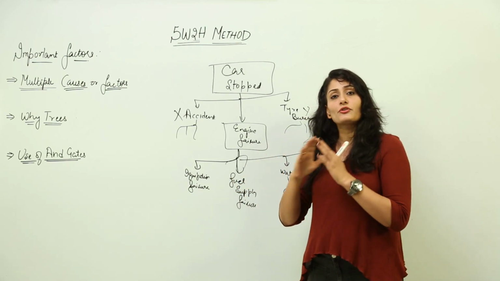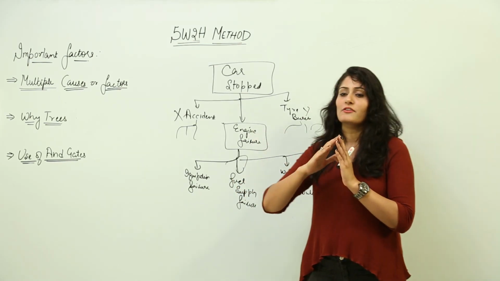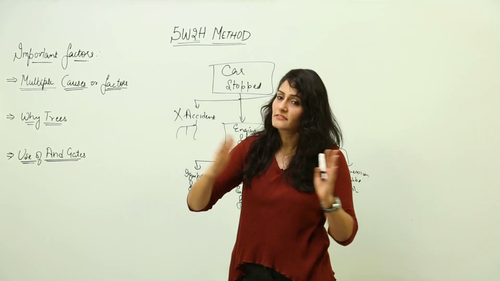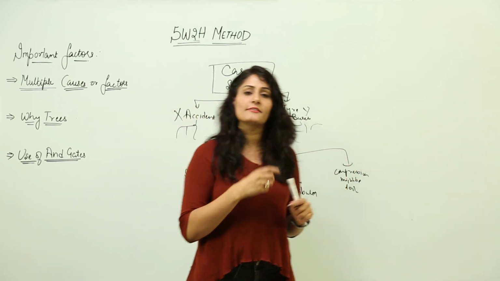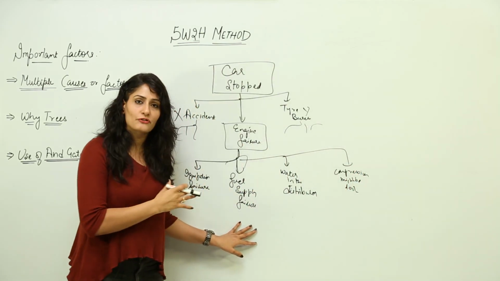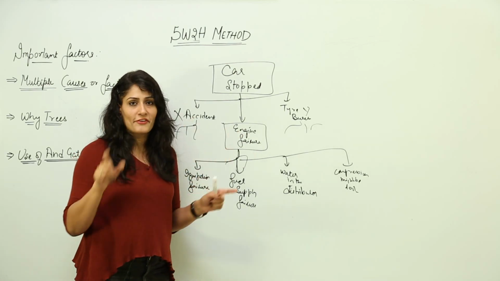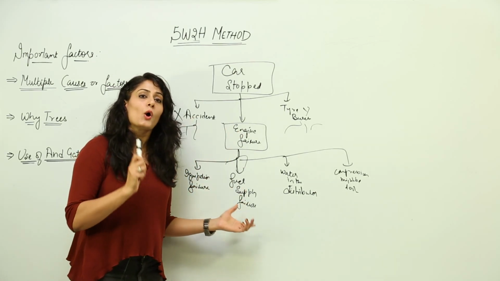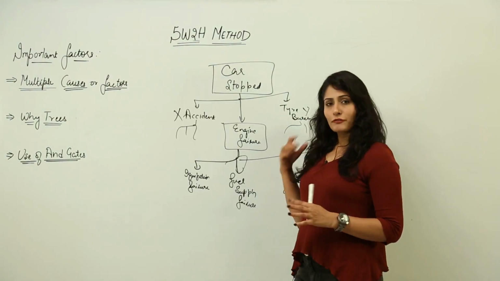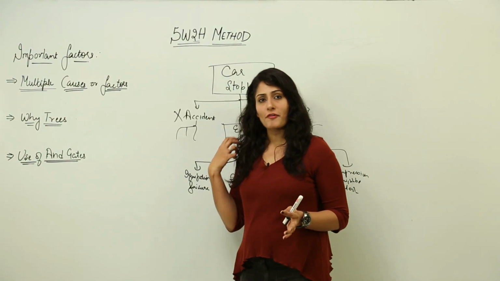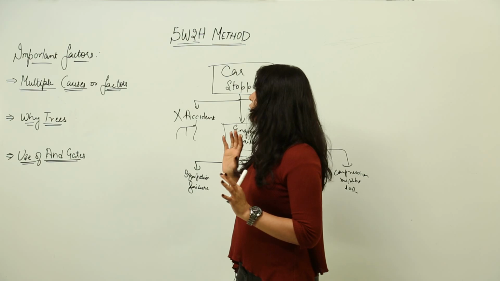So this branching out helps us find out these are the options, and then we will use our proof and our analysis to find out what actually happened. So we would have all our preferences and we will choose the one which is backed by proof and by analysis.